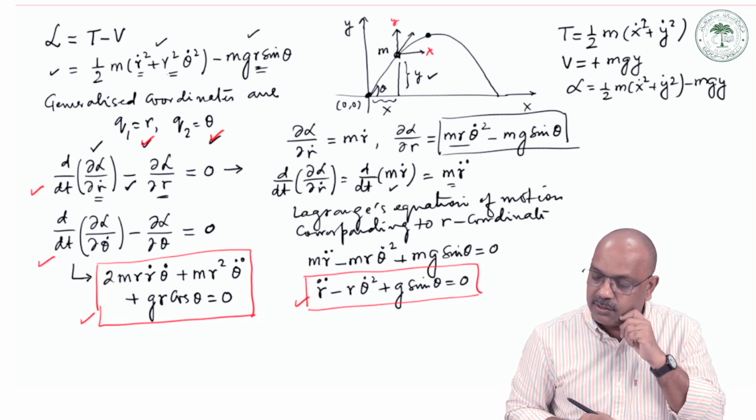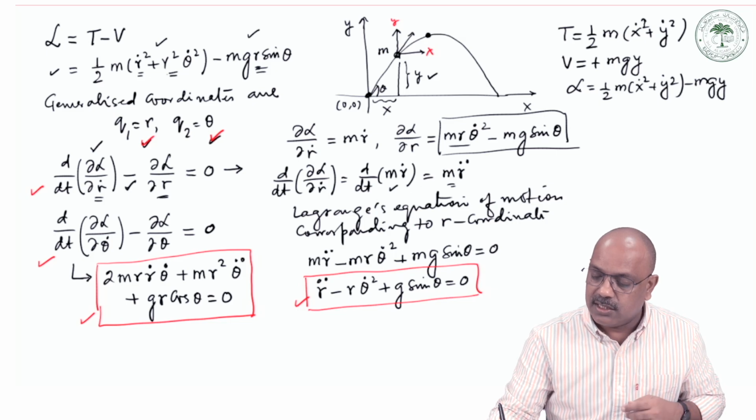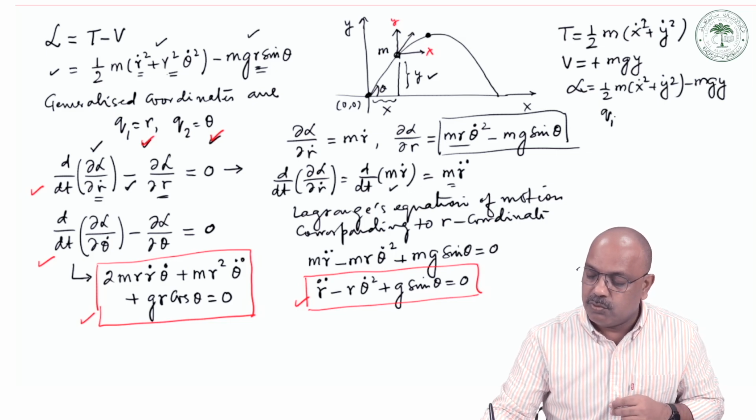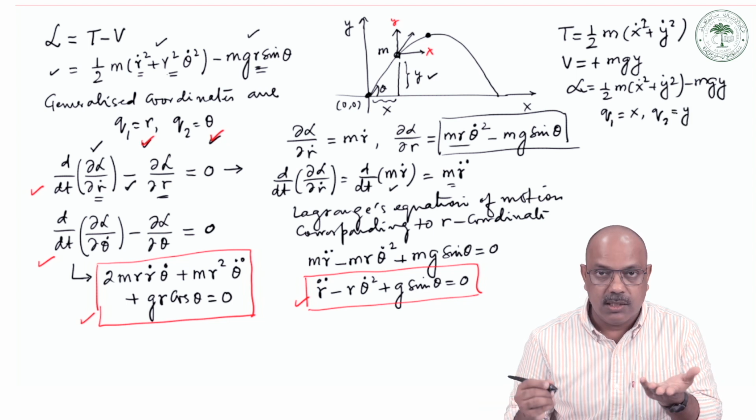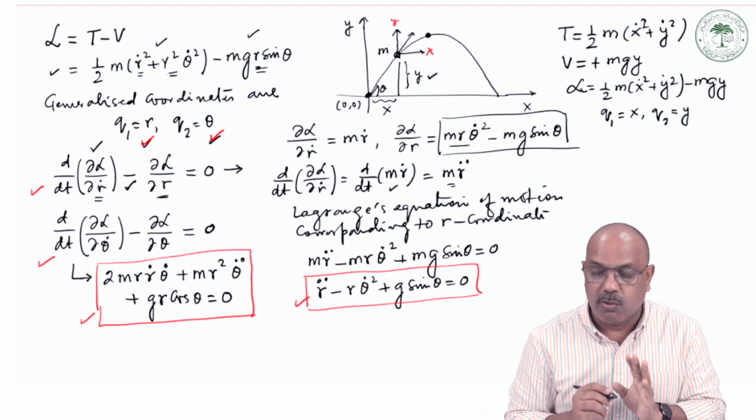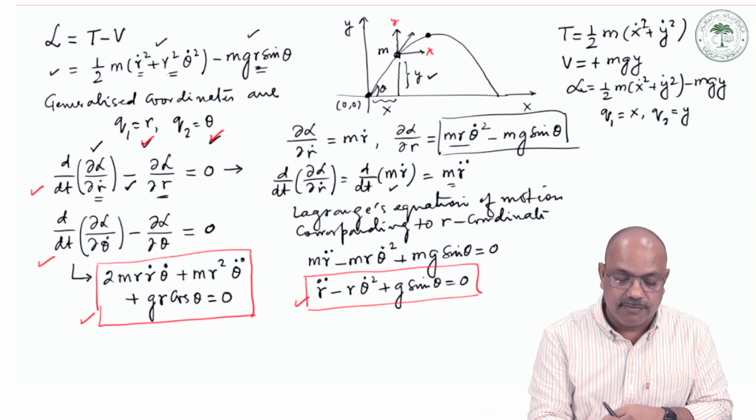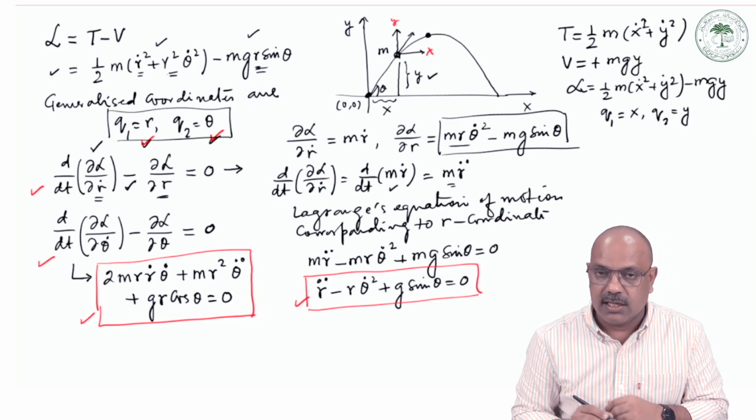Let us calculate from this Lagrangian, because now my two coordinates are q1 equal to x and q2 equal to y, which are independent. There is no constraint between these two coordinates, as in the case of r and theta, which were independent.